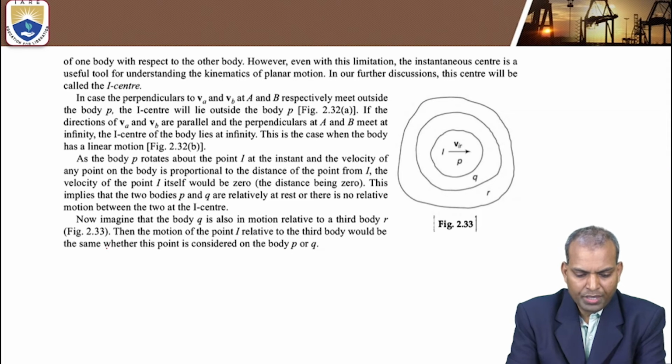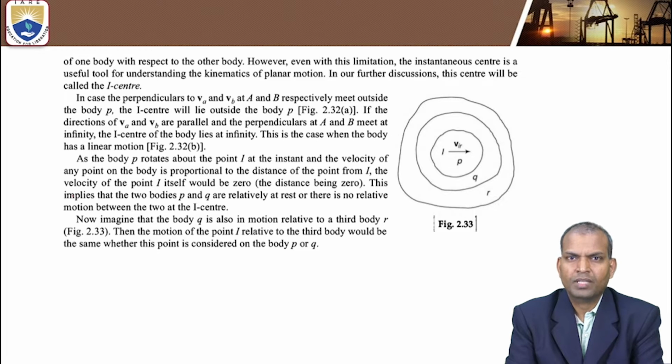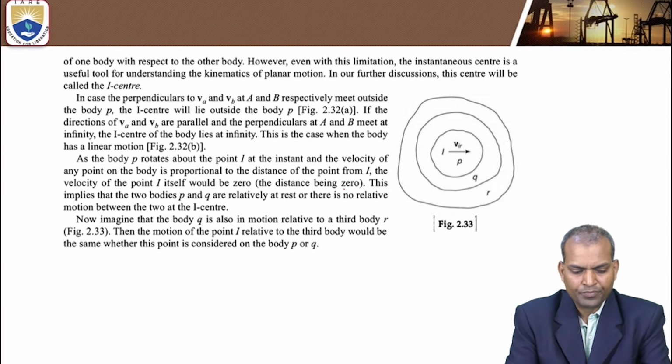But as the body P rotates about I at the instant, the velocity of any point on the body is proportional to the distance of the point from I. The velocity of the point I itself would be 0, the distance being 0.